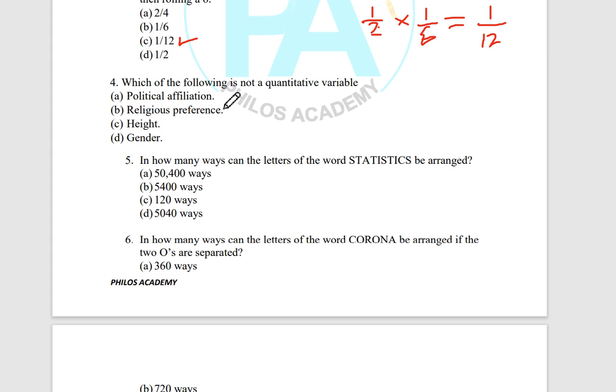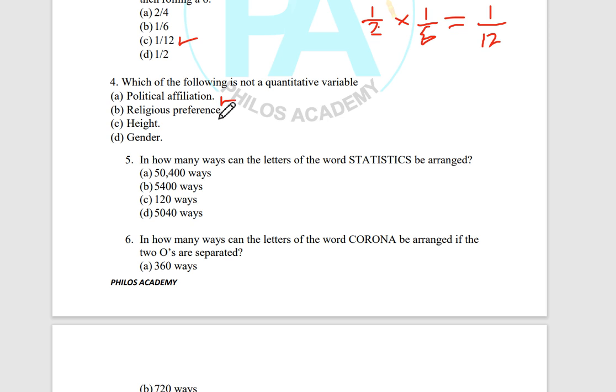When a variable is not a number, it is a qualitative variable. Political affiliation is either you are NPP, NDC, CPP, or wherever. It's a qualitative variable. Let me write it as L.